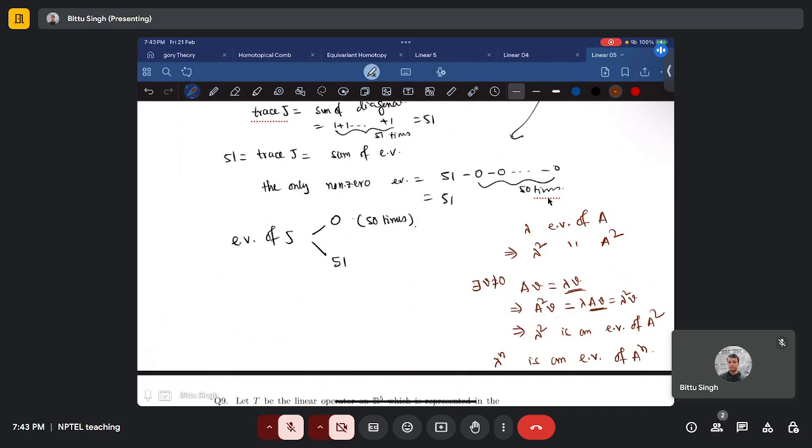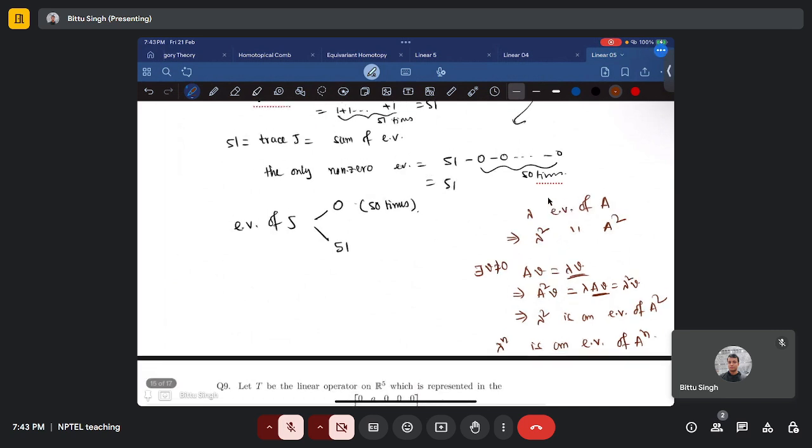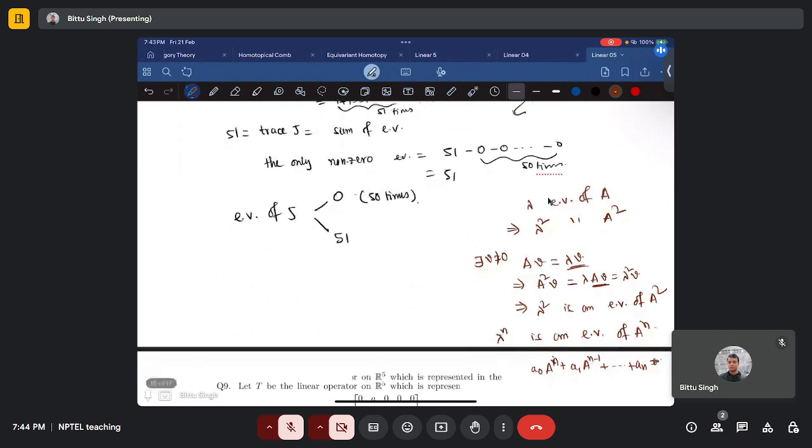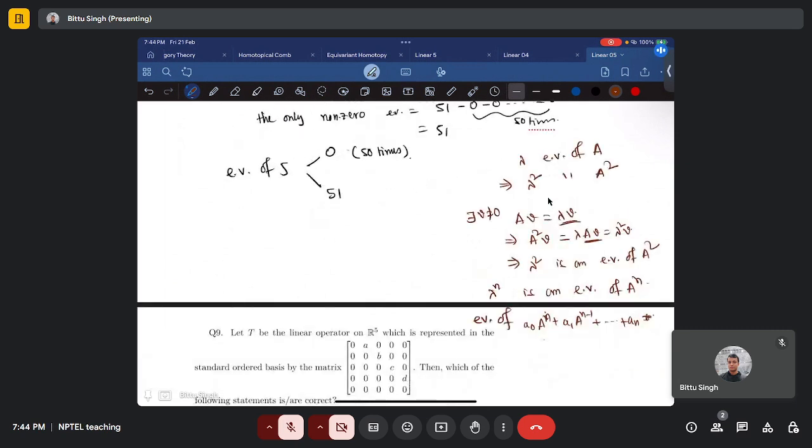Now if you combine all these facts, then for any polynomial of A, if you take a polynomial P(A) equal to a0 A to the power n plus a1 A to the power n minus 1 and so on, then the eigenvalues of this polynomial will take the form a0 lambda to the power n, a1 lambda to the power n minus 1, and so on.